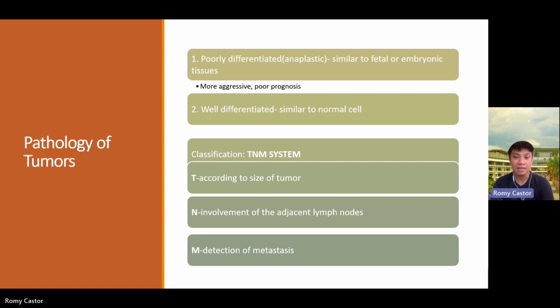Ang well-differentiated naman, it would take the form already of mature na tissues natin. In terms of prognosis, pag poorly differentiated, this one is more aggressive and less responsive to treatment. So poor prognosis ito si poorly differentiated. Meaning, most likely ang recovery rate niyan ay mababa compared to well-differentiated.